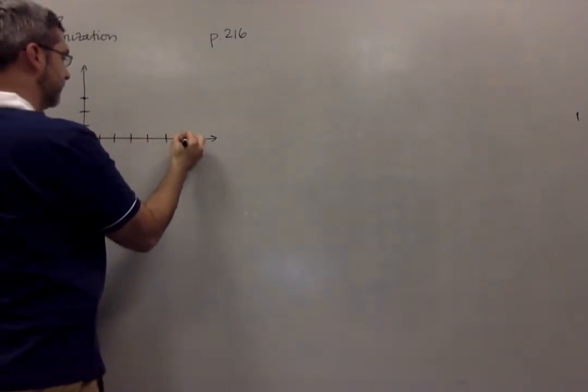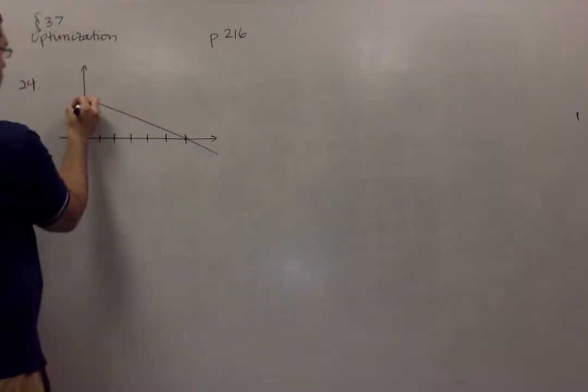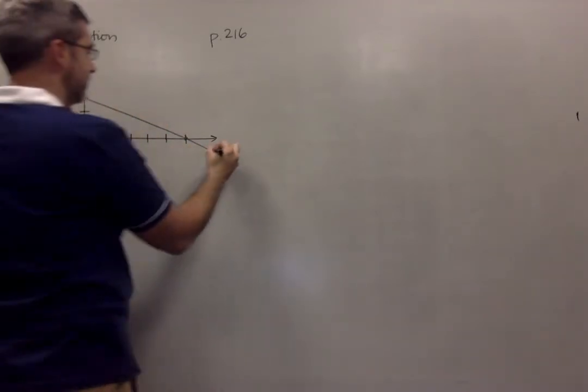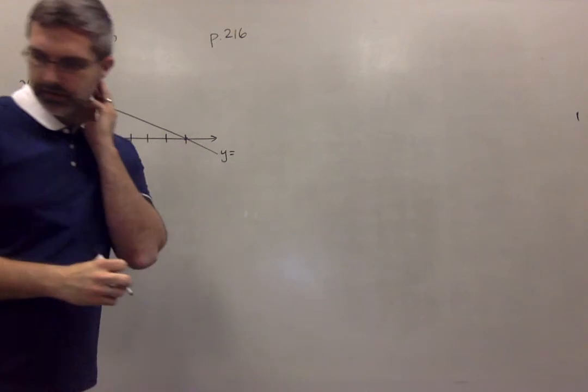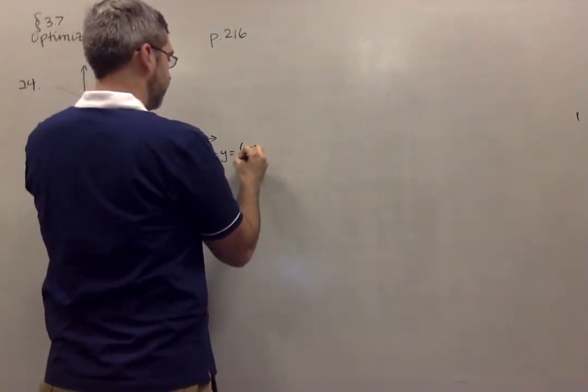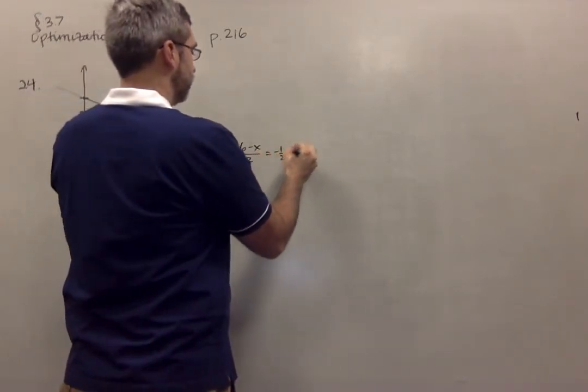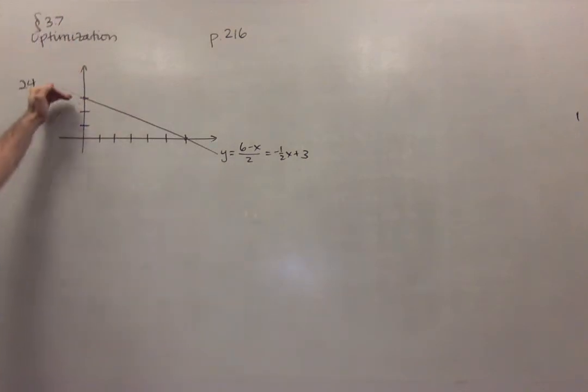So we've got a line here. This is the line y equals 6 minus x over 2. I mean, it's negative 1/2 x plus 3 is another way to write that. It's got a y-intercept of 3 and a slope of negative 1/2.